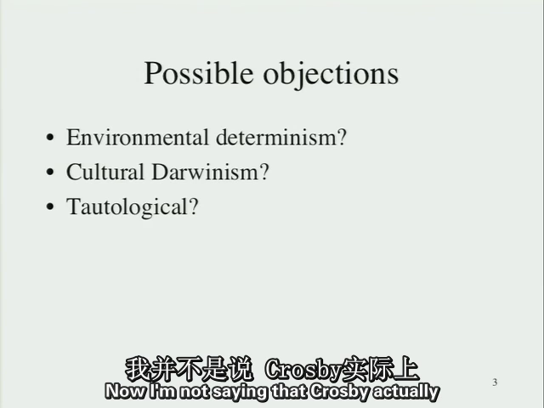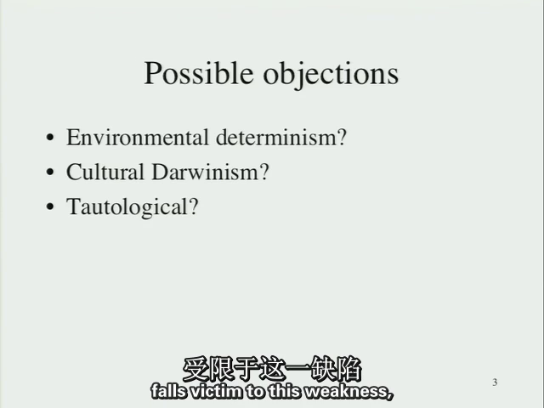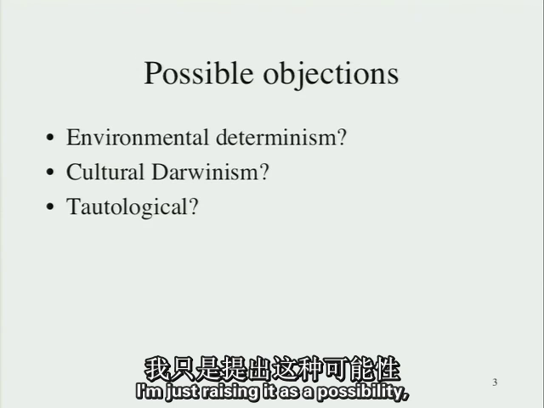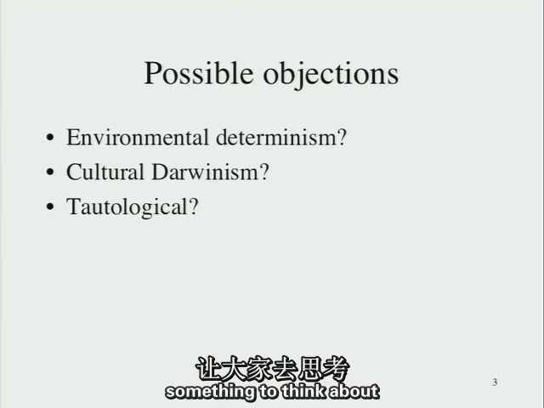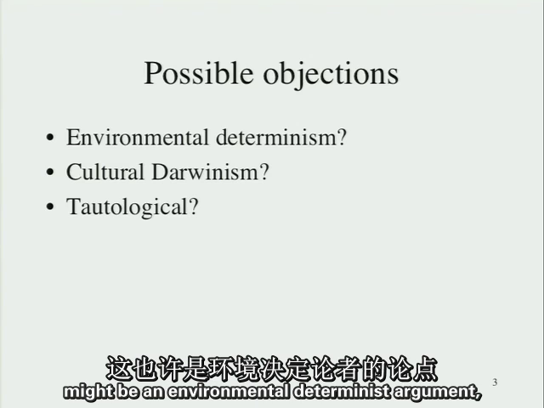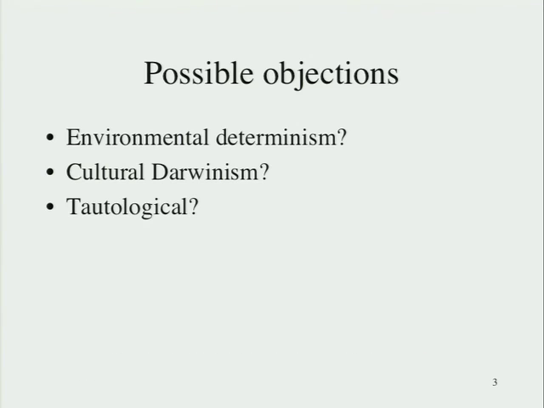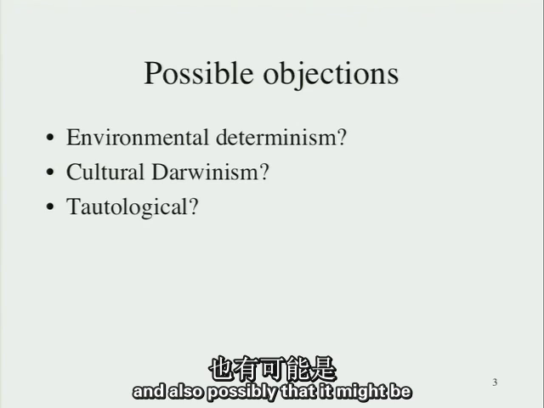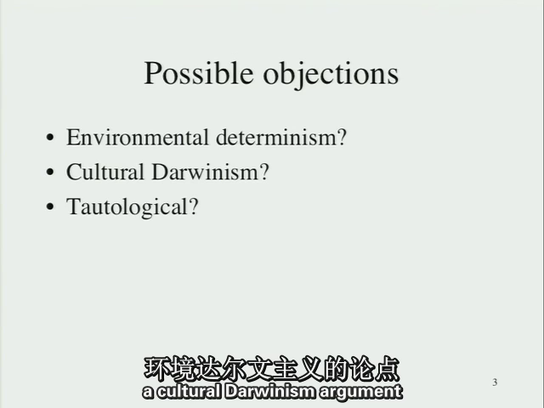Now, I'm not saying that Crosby actually falls victim to this weakness. I'm just raising it as a possibility, something to think about. It's related to the possibility that this might be an environmental determinist argument, and also possibly to the possibility that it might be a cultural Darwinist argument.